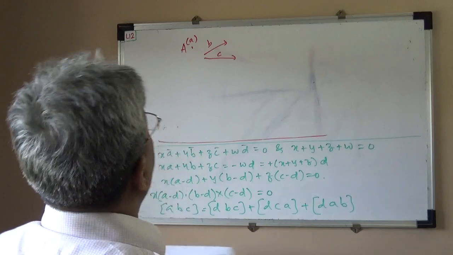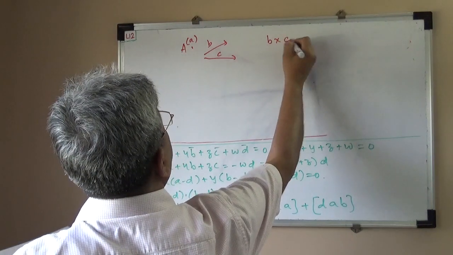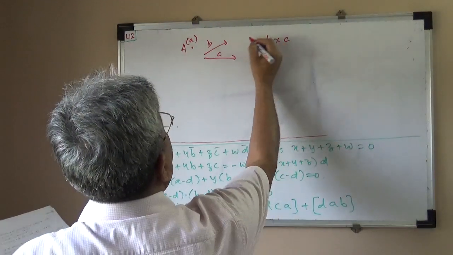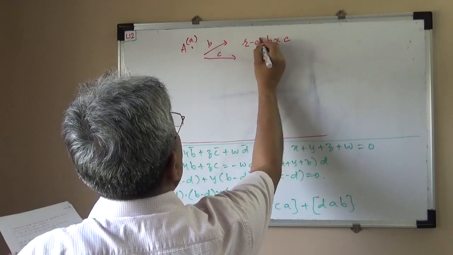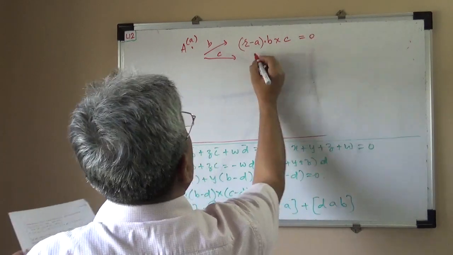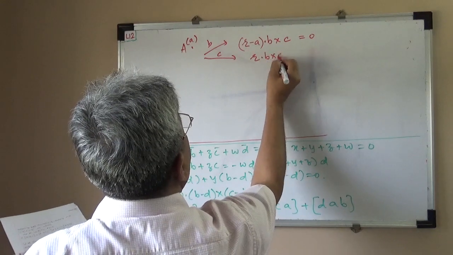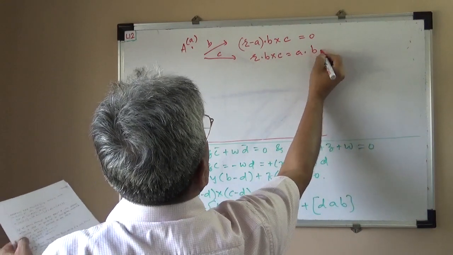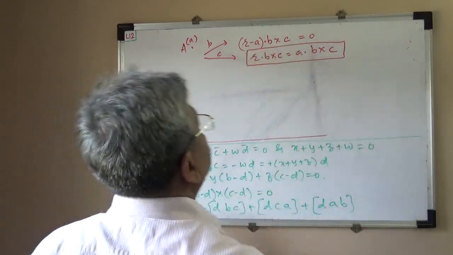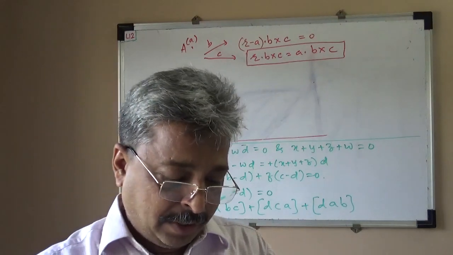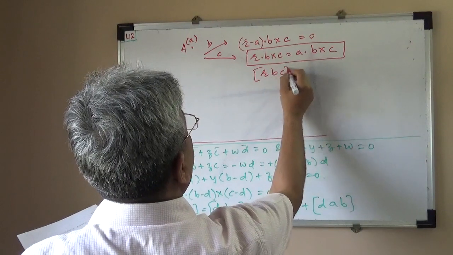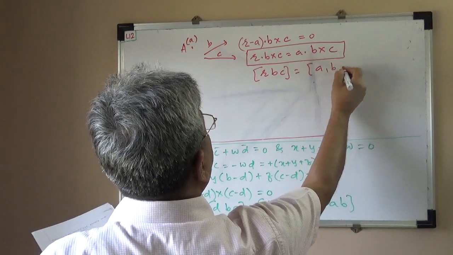So vector B cross C is going to be normal to this, and we want R minus A in that plane, so (R minus A) dot B cross C is equal to 0. So R dot B cross C is equal to A dot B cross C is going to be the equation of the plane. Very, very simple. So box product [RBC] is equal to box product [ABC].